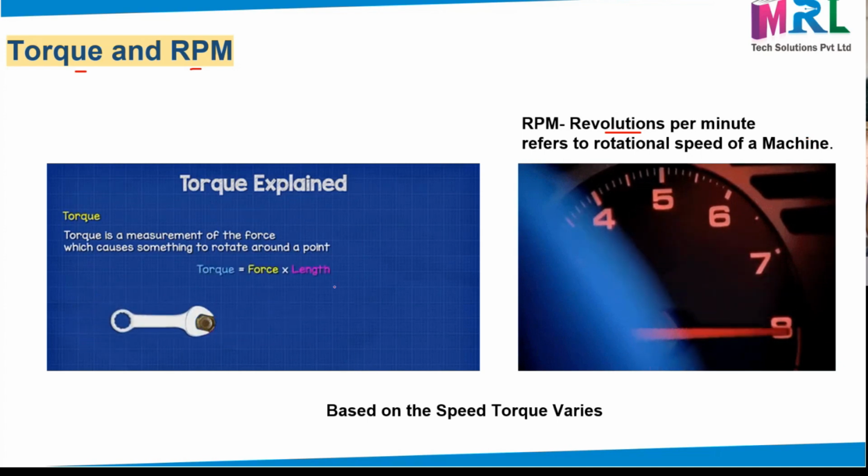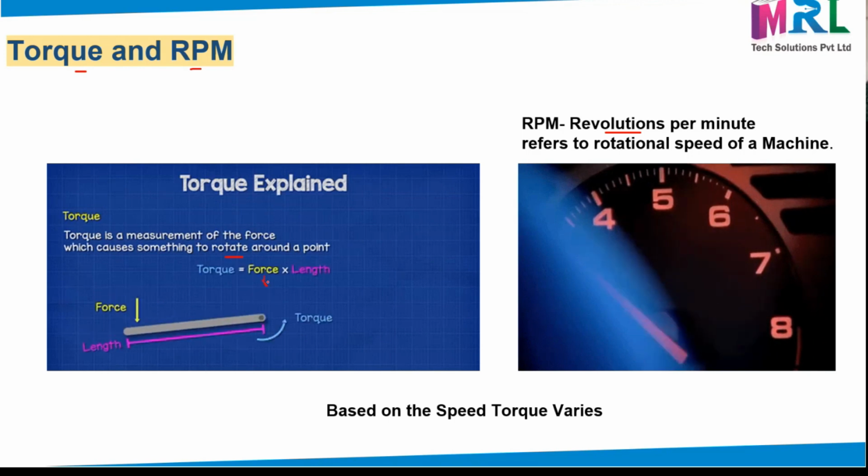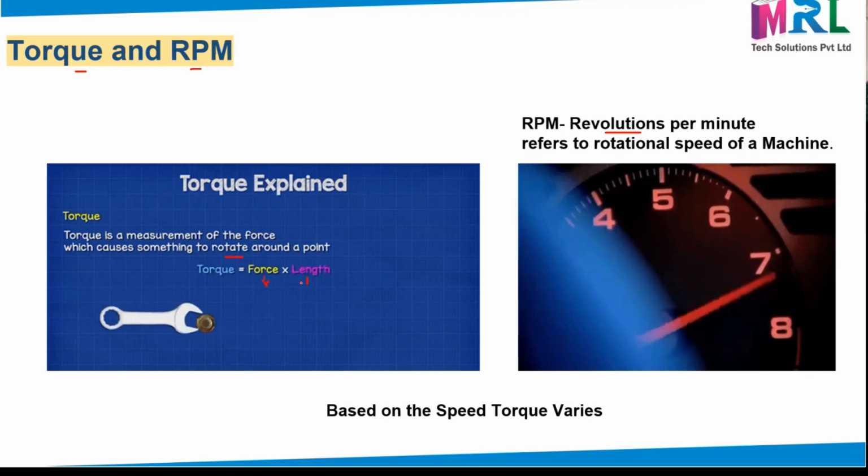Okay. What is torque? Torque is another important thing you have to learn. It is a measurement of force which causes something to rotate. For example, this is a screw and we are trying to rotate it with the spanner. To rotate it, we need to apply force, and it also depends on the length.